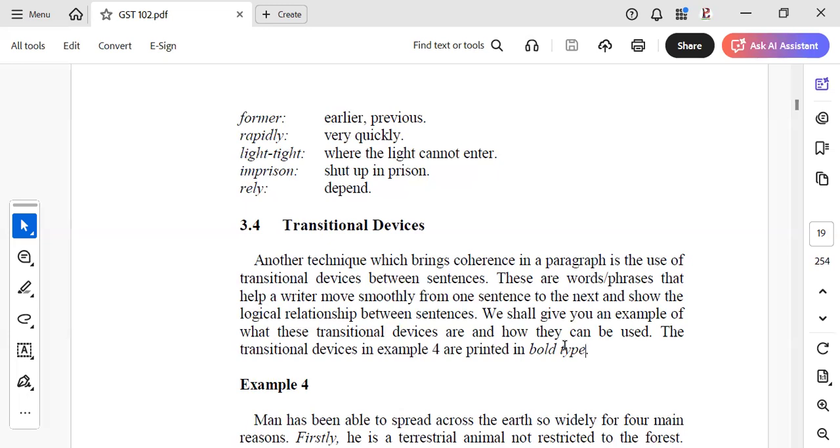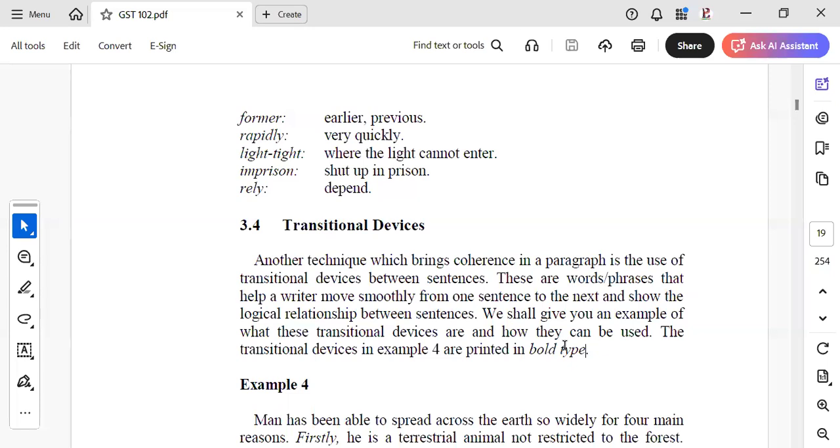You need devices. And what are those transitional devices? Just from the word transit, you use them to leave one point and move to the other. That is the native meaning of transiting. You use them to move from one point to the other.